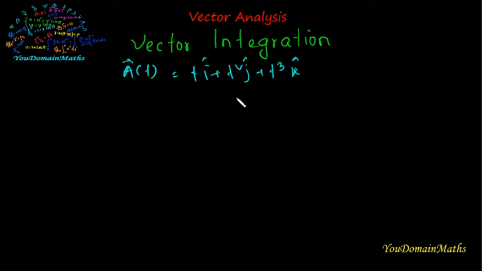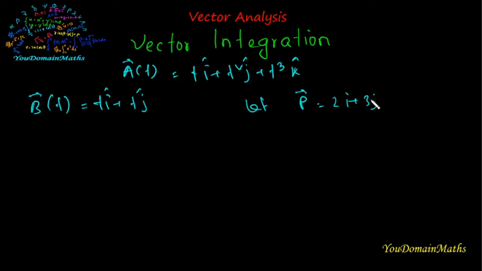What does this vector represent? Firstly, we will see it in 2D for more illustration. Let a vector equal t i plus t j. Let's take a very simple vector p equal to 2i plus 3j.